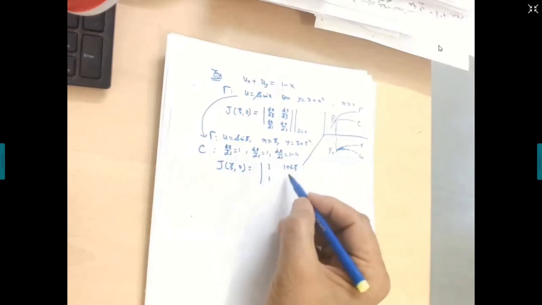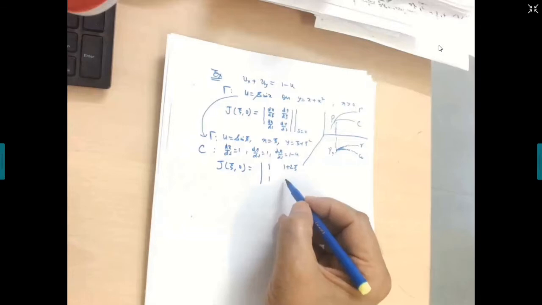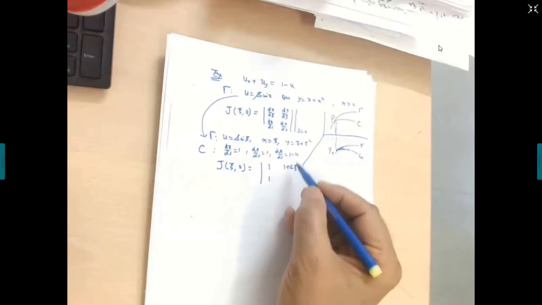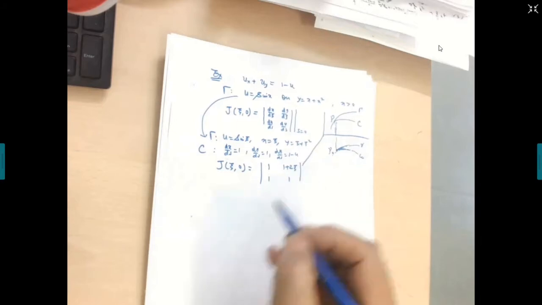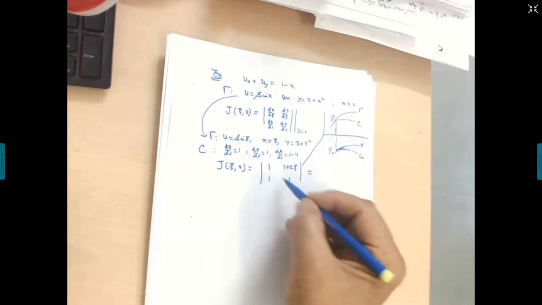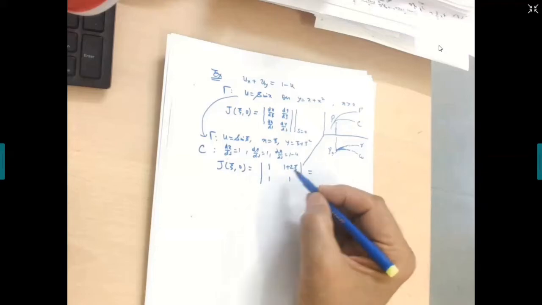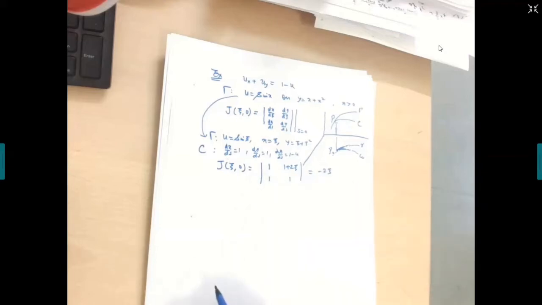So for this base curve, what is this difference? It is 1 minus, 1 plus 2 xi, that is minus 2 xi.